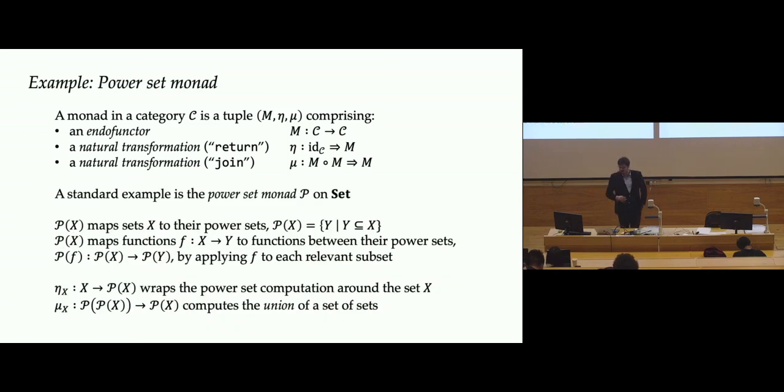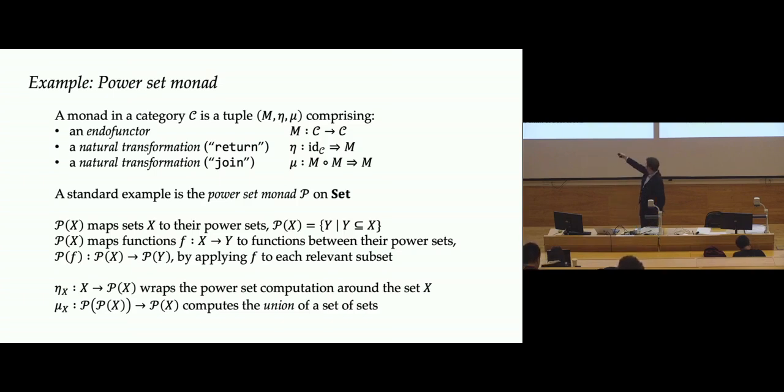Now, just to ground this in a particular standard example, one typical monad that you might encounter as one of the first examples is the power set monad. So we call this endofunctor P, and it's applied on sets, so P maps set to set. Specifically, it maps individual sets to their power sets, right?